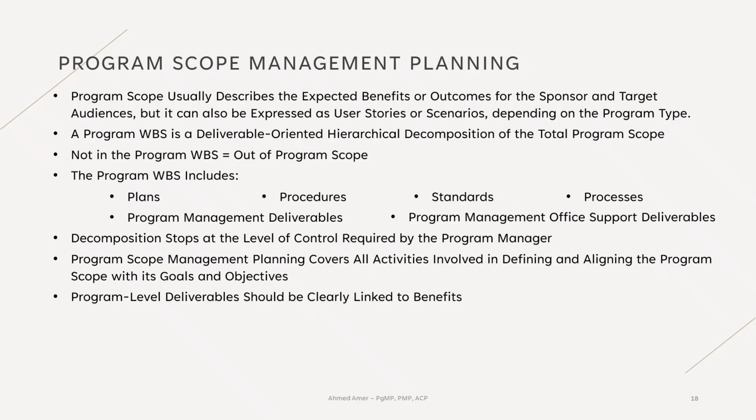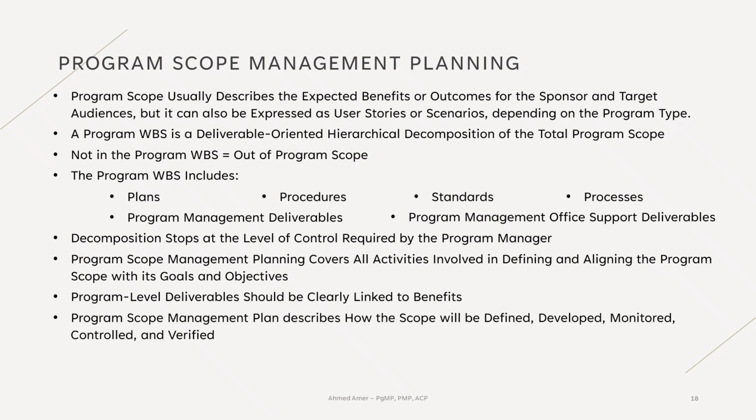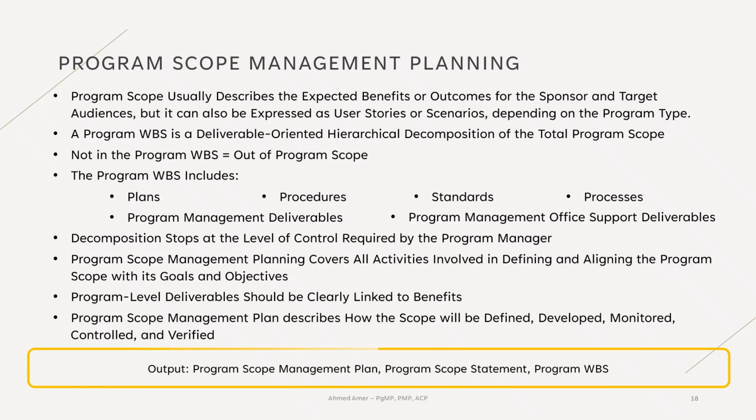The program scope management plan is a component of the program management plan. It describes how the scope will be defined, developed, monitored, controlled, and verified toward the end. The outcomes of this activity include the program scope management plan, the program scope statement, and the program WBS.